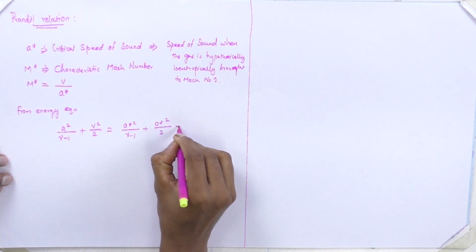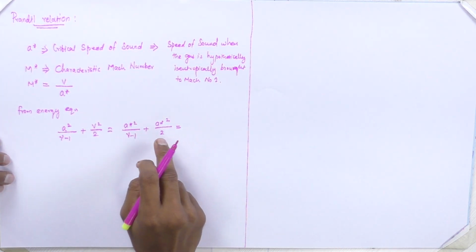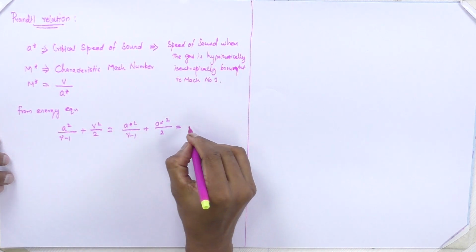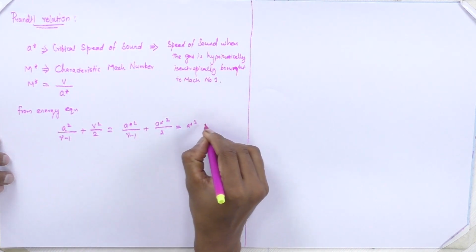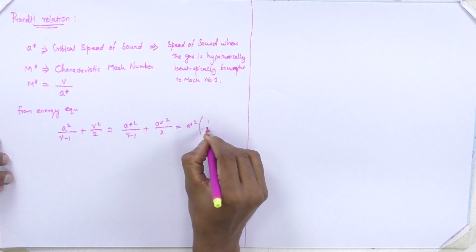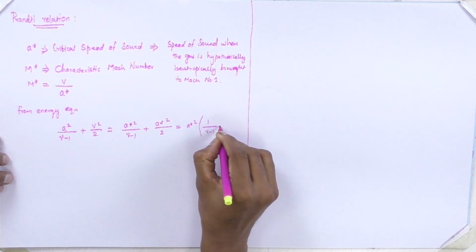In these terms A star is common, so we can take it outside. Then we have the remaining terms, 1 by gamma minus 1 plus 1 by 2.